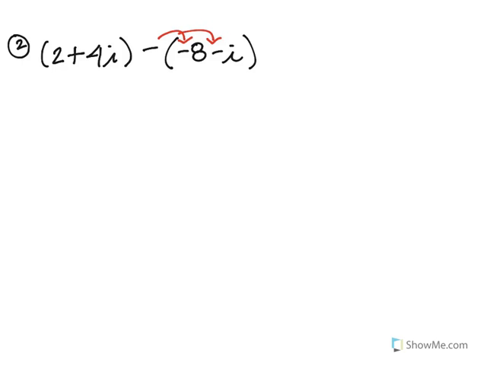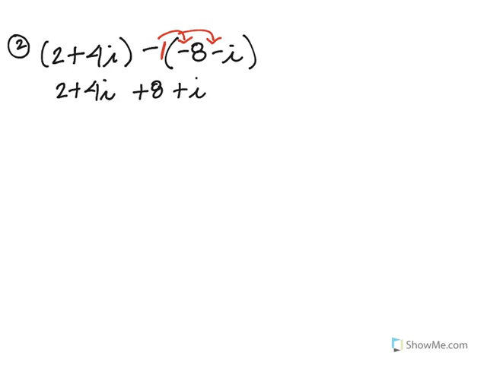You're just going to combine the whole number with the whole number, i number with the i number, but you got to change the sign on the one that carries the negative in front of it. Like that's a -1. So that's going to keep your front the same, but that becomes a +8 and a +i.